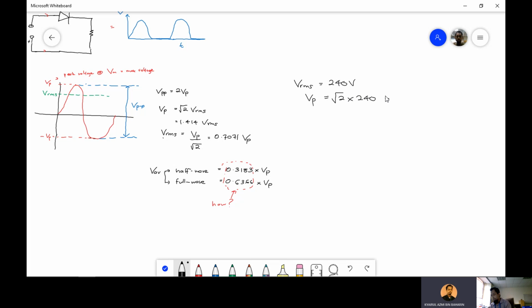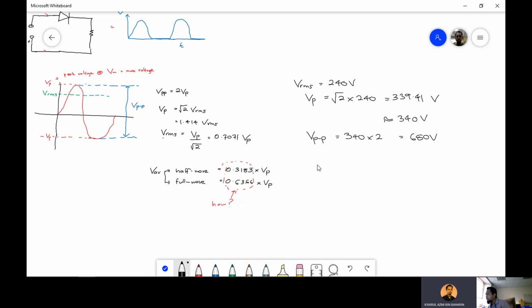So you are going to get the value as 339.41. Sometimes you will see, for simplicity, they approximate it to 340 volts. And for peak-to-peak value, we just multiply 340 by 2, so we get 680 volts.